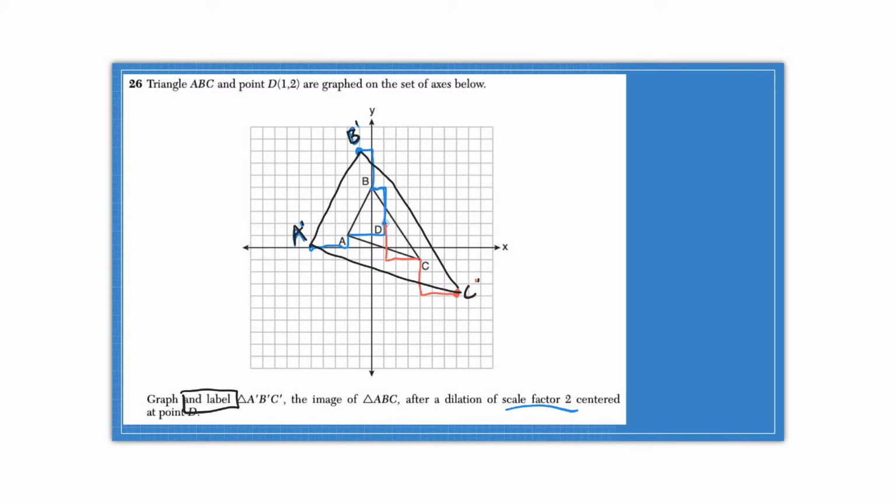One more thing that is a common mistake is that sometimes people say B is up 3 and left 1, and the scale factor is 2, so from B I'm going to go up 3 left 1 and up 3 left 1. They do it twice because the scale factor is 2. But really that would be tripling the distance.